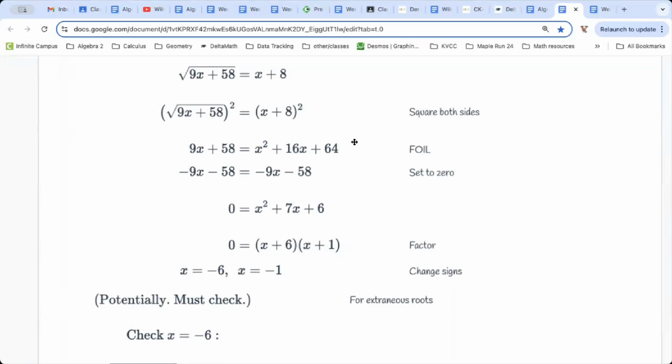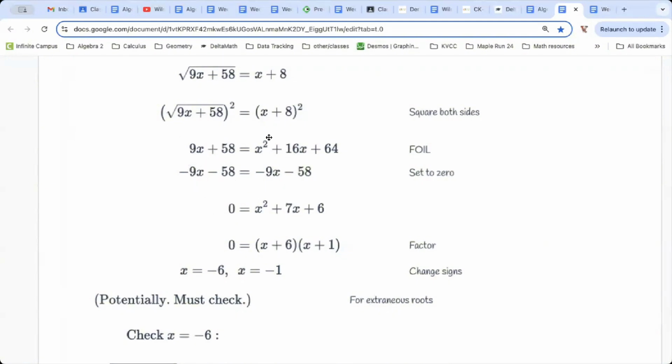So realize that's a quadratic equation here. So you want to move everything to where the positive x squared is located. So you subtract 9x, subtract 58. That will reduce the left-hand side to a 0 because opposites cancel.